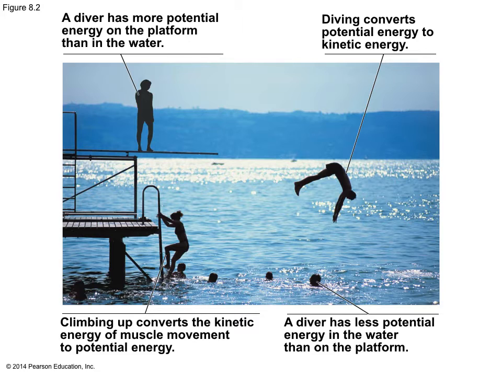This example here is an example of potential energy, which is based on location. The person at the top of a diving board has significantly more potential energy than the people down in the lake because that person has the potential to move.